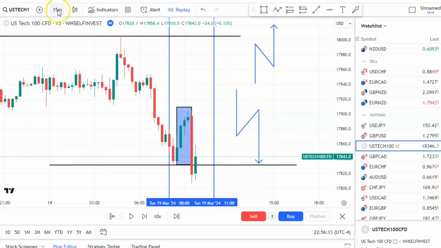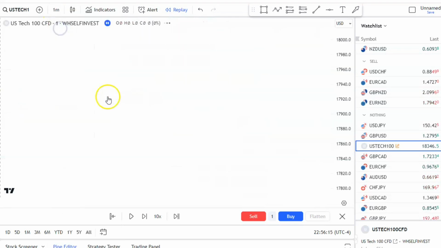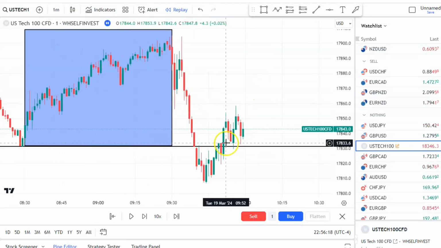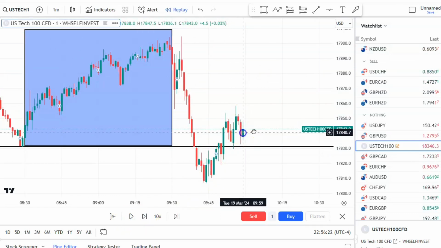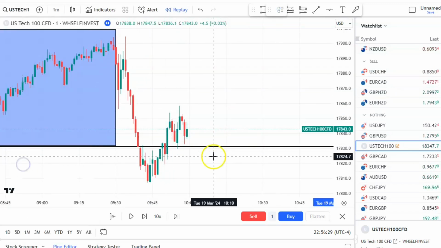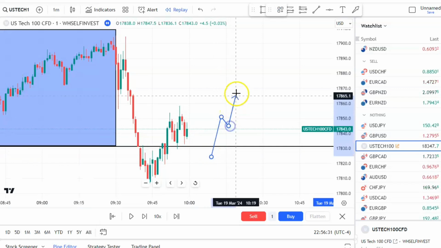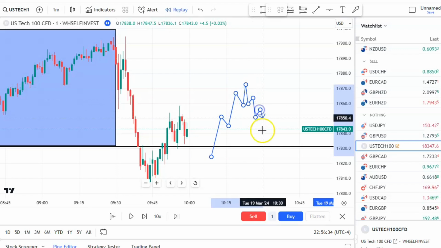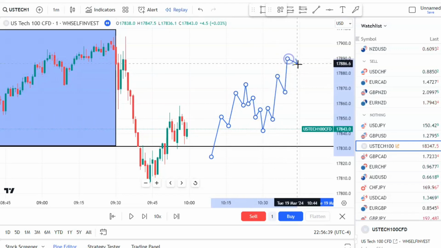So we go to the 1 minute time frame and observe the price action. Now, as you can see, price is creating higher highs, higher highs. And what I like to do on the 1 minute time frame is that I know most of the time when price is creating higher highs, then it will start creating lower lows as a retracement before starting to continue with the trend.